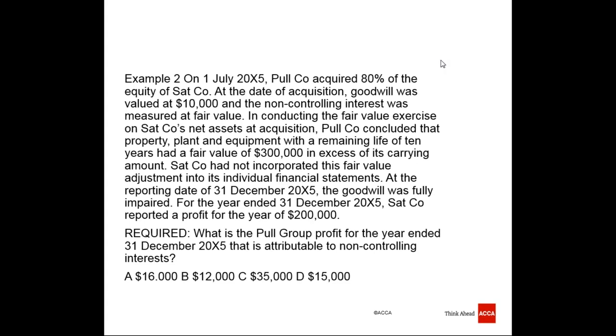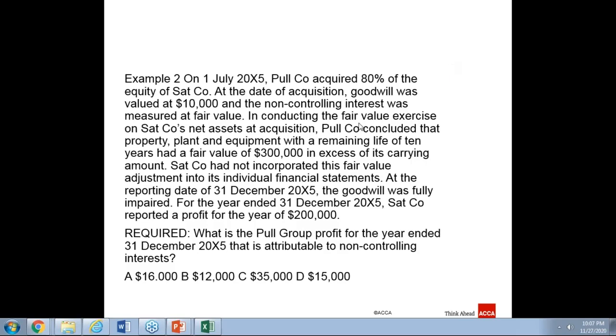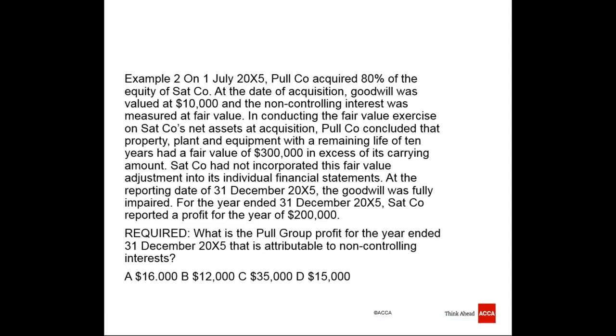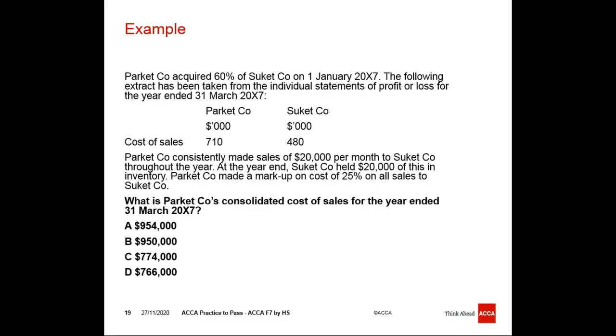Okay, let me tell you. They're asking what about the gain of 300,000? 300,000 will be the gain at the rate of acquisition, which is not going to impact the NCI. For the NCI, you have to use this format that was told to you previously.